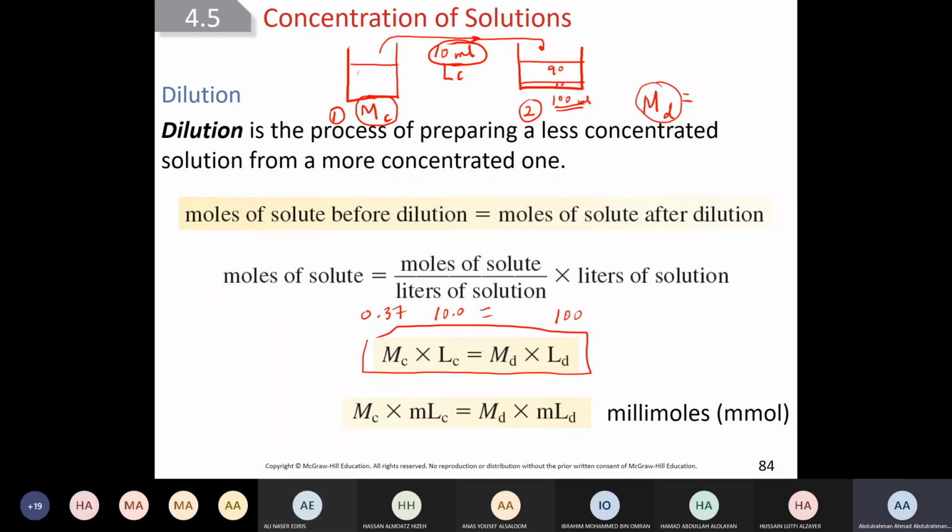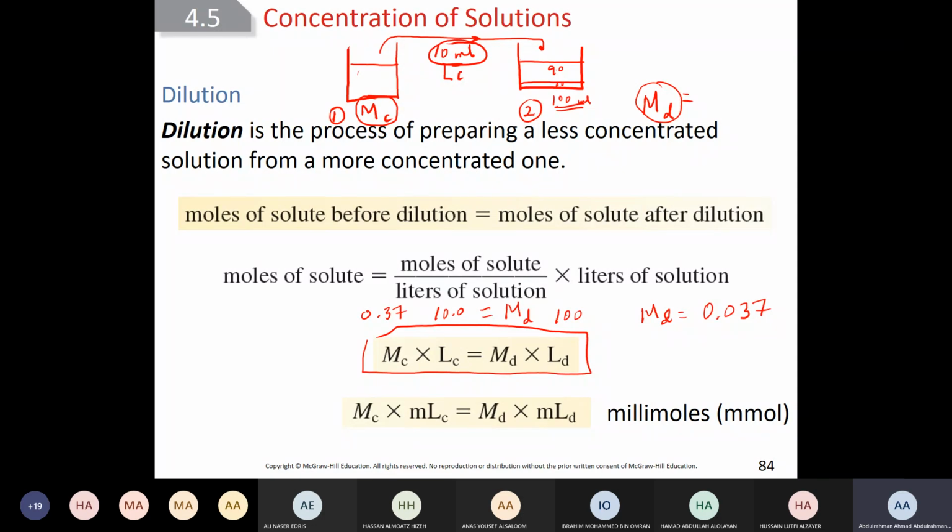Then what's MD? 0.037, exactly. Is this clear?